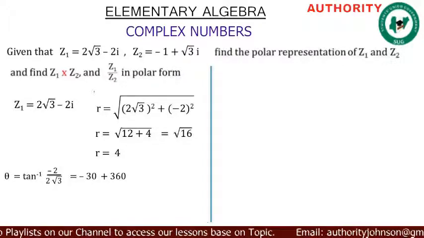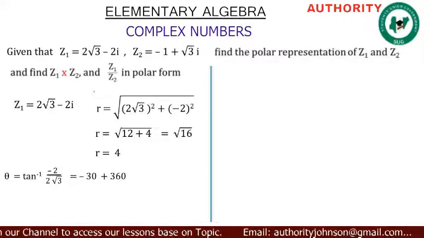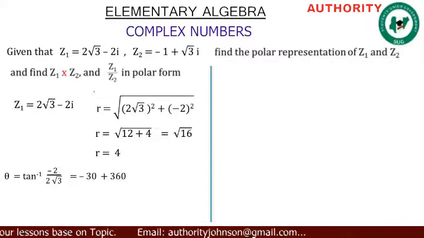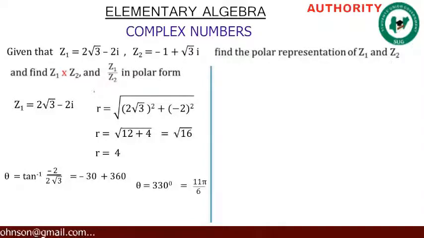You discover that minus 30 degrees is a negative angle, so to obtain the correct corresponding angle, we add 360. Minus 30 degrees plus 360 degrees gives us 330 degrees.